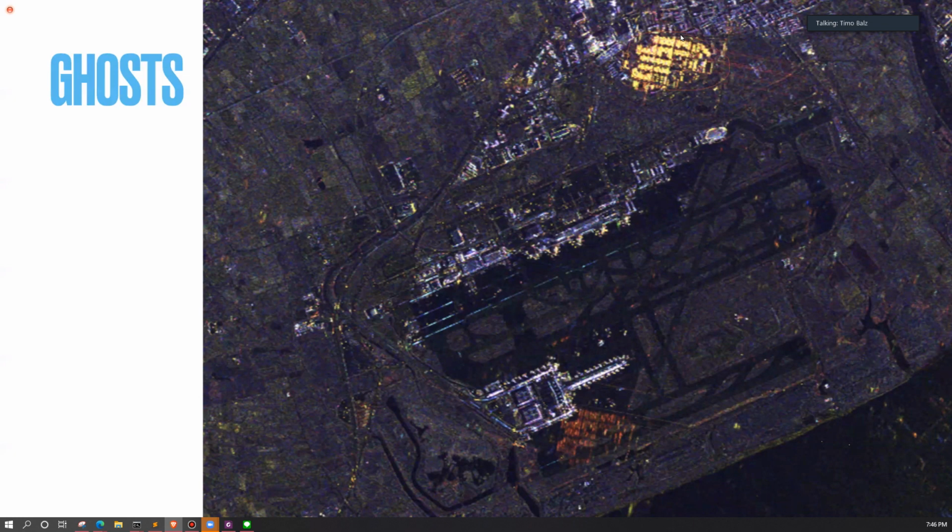These buildings are probably just oriented directly 90 degrees toward the sensor or something like that. But in any way, they reflect very strongly. And what we see here is just a ghost signal from this one, away, actually in the footprint size of the sensor. So you can see them here, but they are just a ghost signal of this area here.